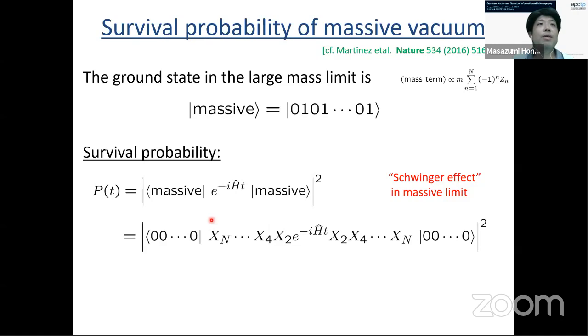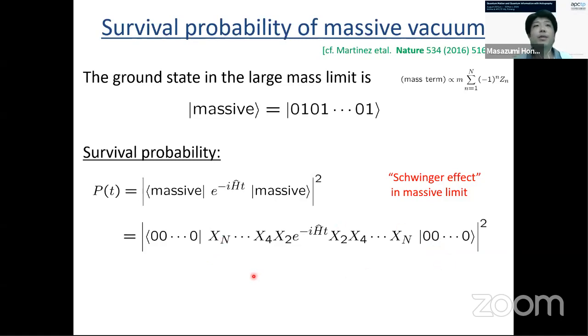So we have the survival probability of the free vacuum, the massive vacuum, under time evolution. This is similar to studying the Schwinger effect in this system. And since 0101 can be obtained by multiplying X on even sites, we can rewrite this quantity in this way.